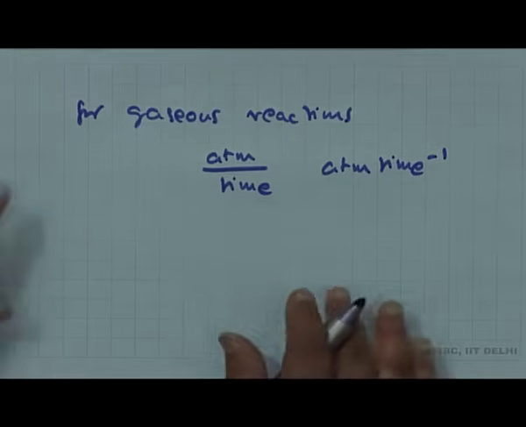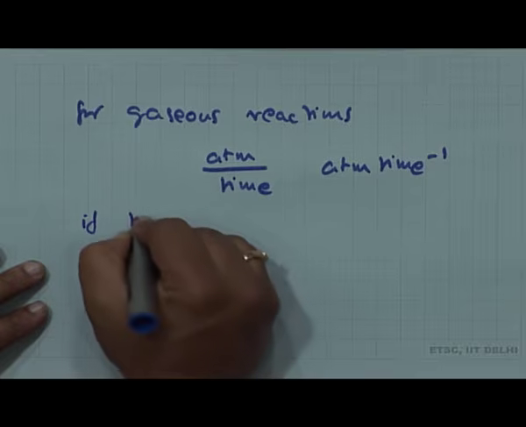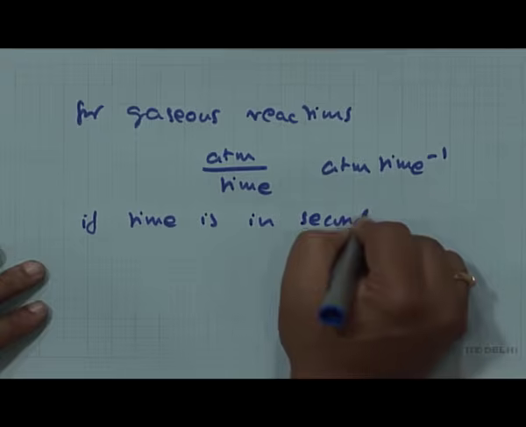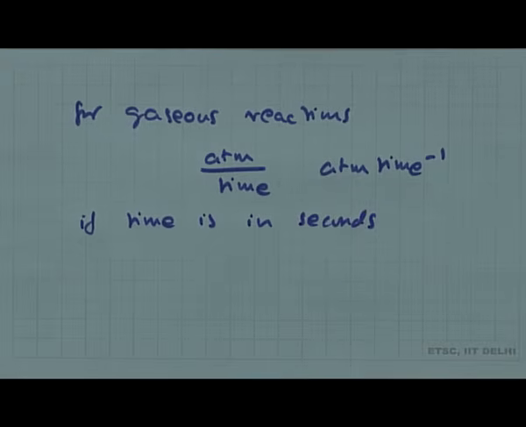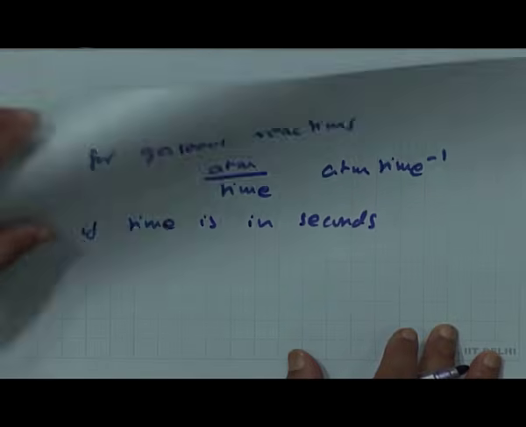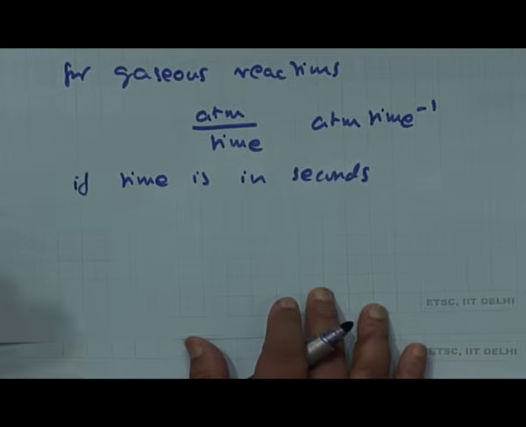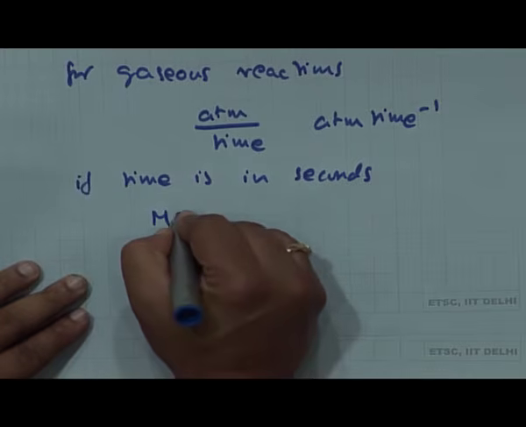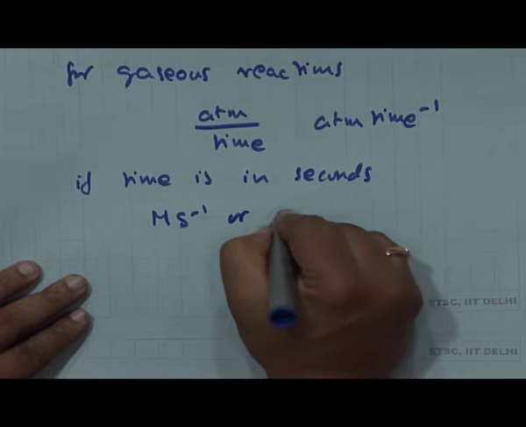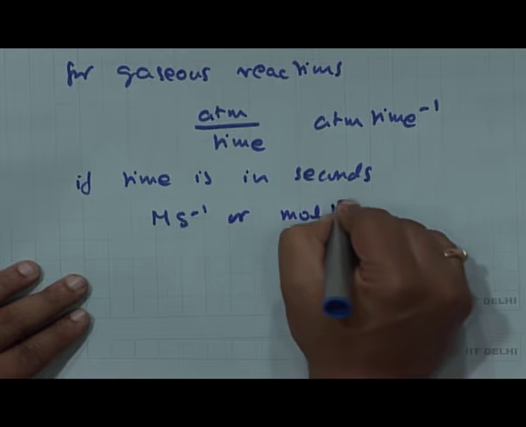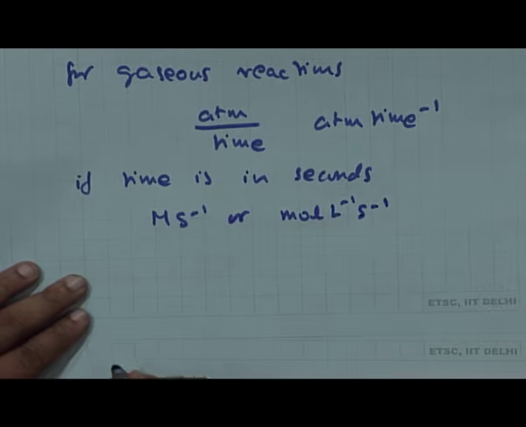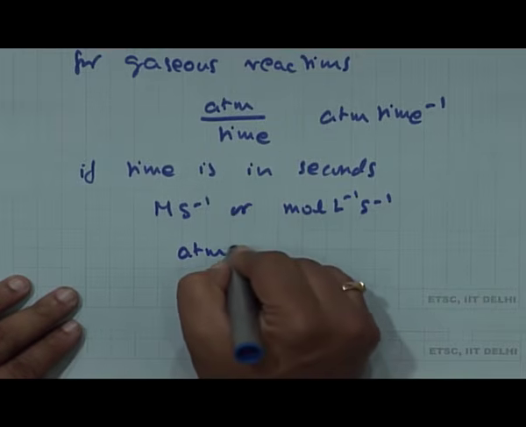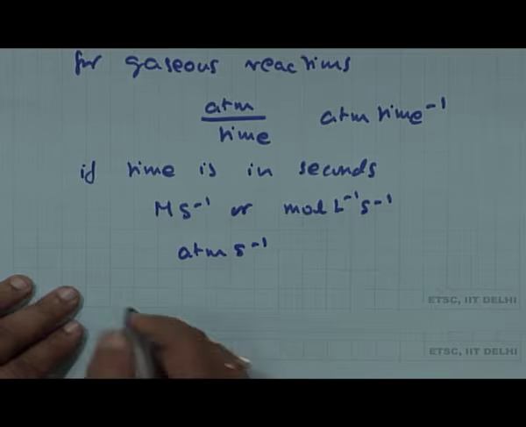Now, if time is being expressed in seconds, then for the molar unit, where the concentration is expressed in moles, I can write mole liter inverse second inverse, and for gaseous reactions I can write atmosphere second inverse.